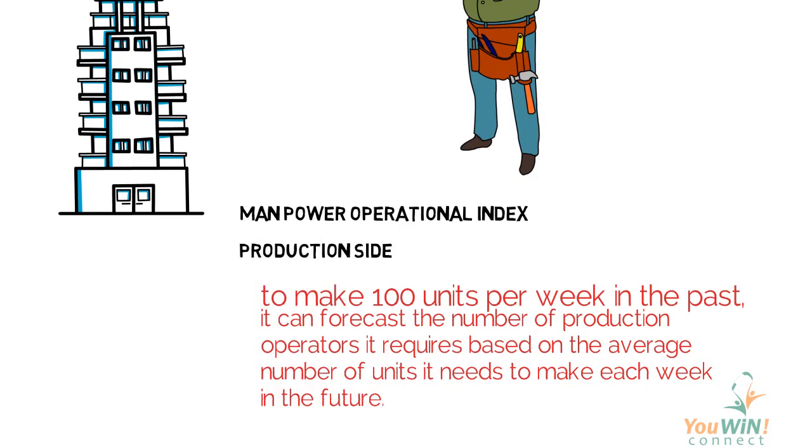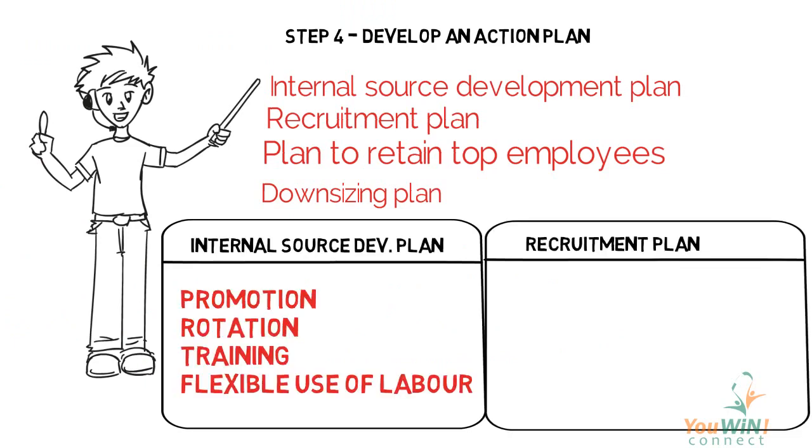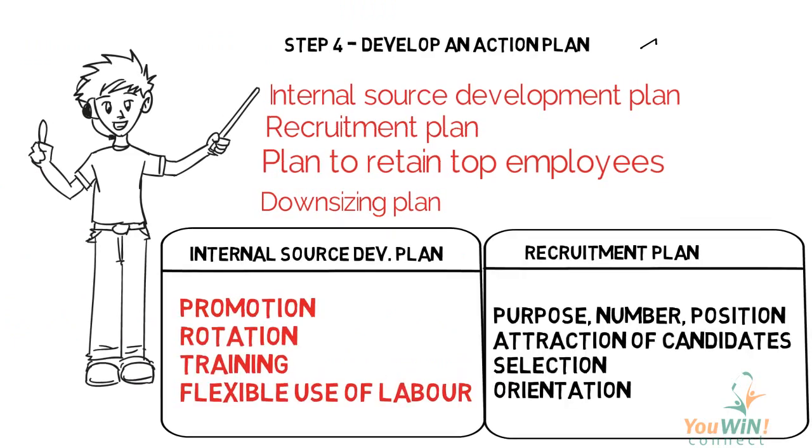Once we have done your forecasting that way, we then develop the action plan, which is step 4. On the screen you can see we've listed 4 plans. We have the internal source development plan, the recruitment plan, the plan to retain top employees, and a downsizing plan.